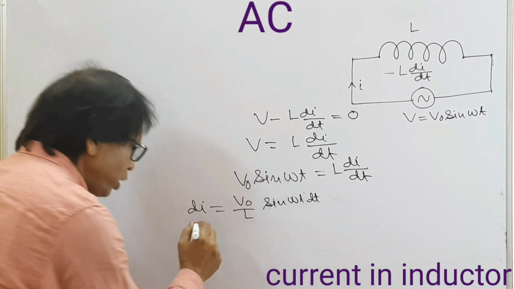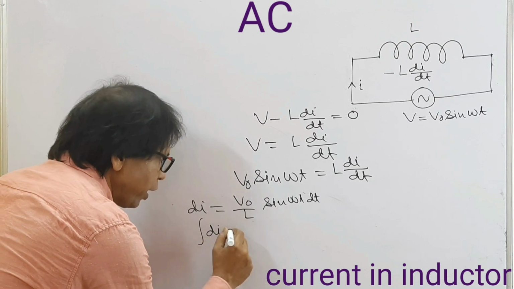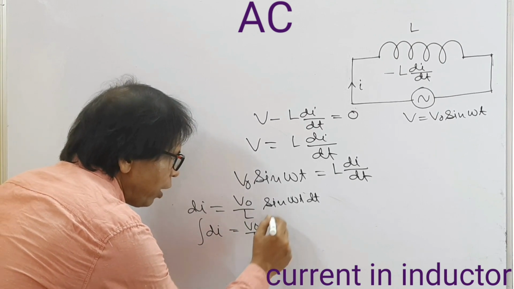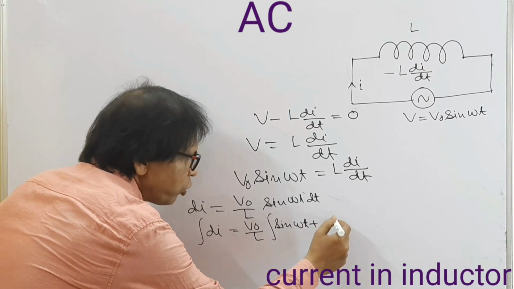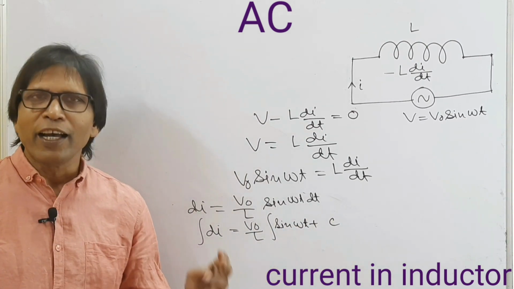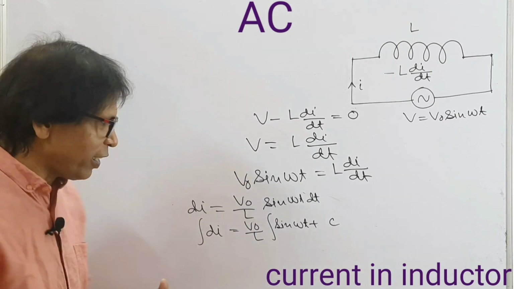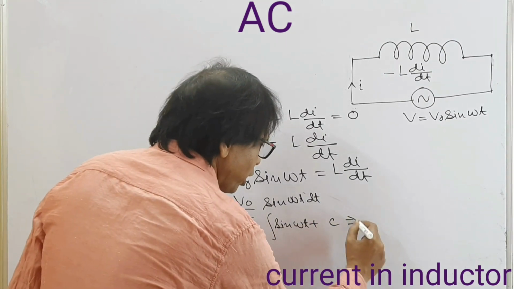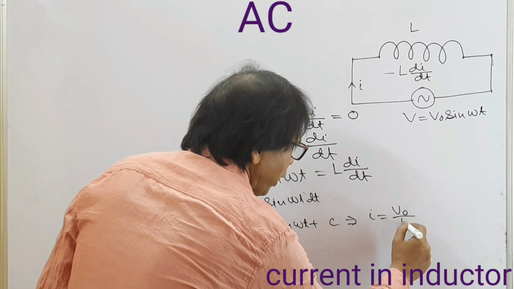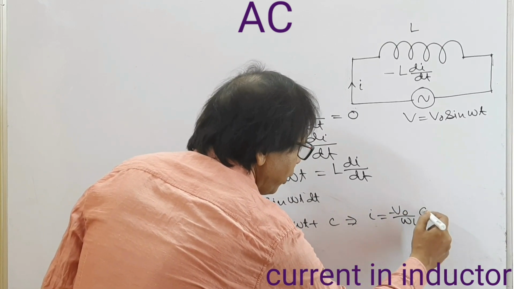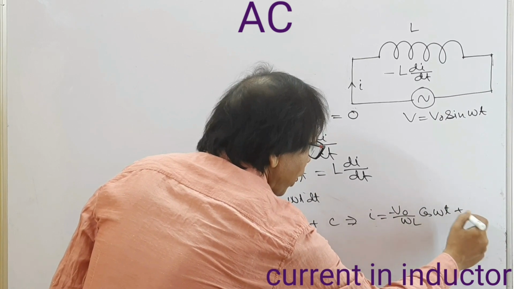Now integrating this equation we get I equals V naught by L, sin omega t plus c, where c is the constant of integration. Now from this equation we can write I equals V naught by omega L, negative sign, cos omega t plus c.